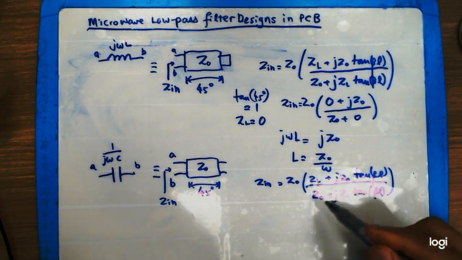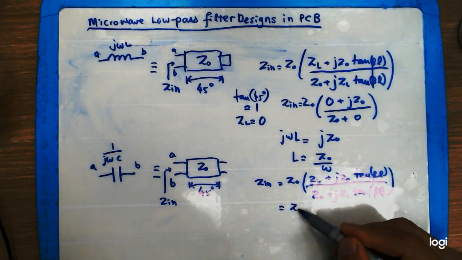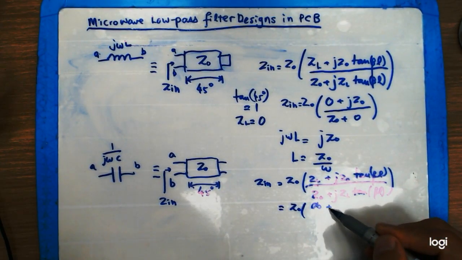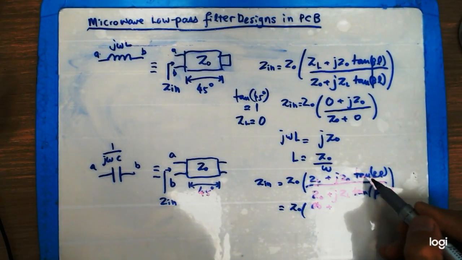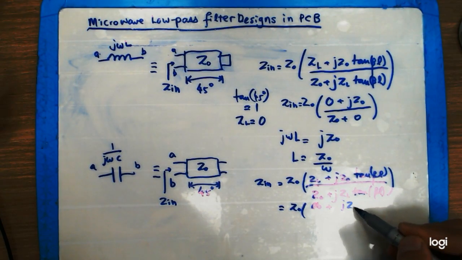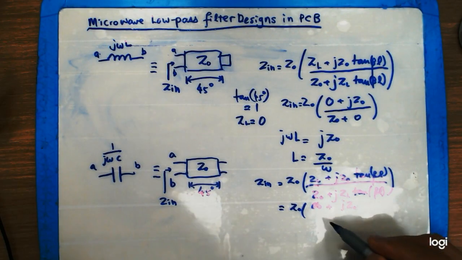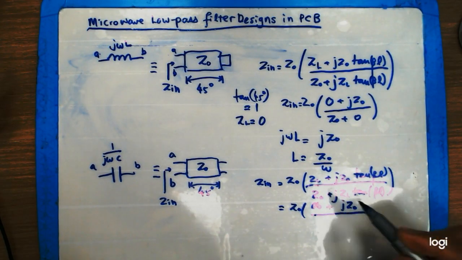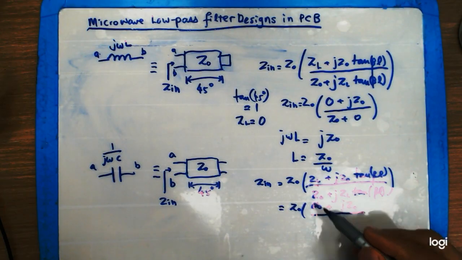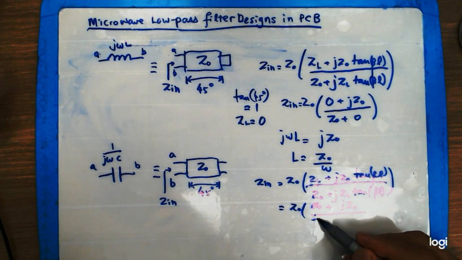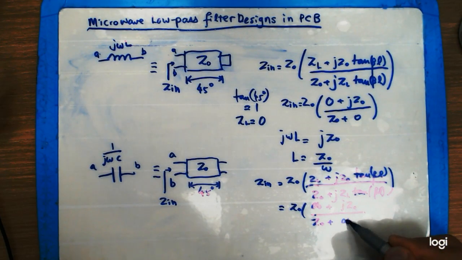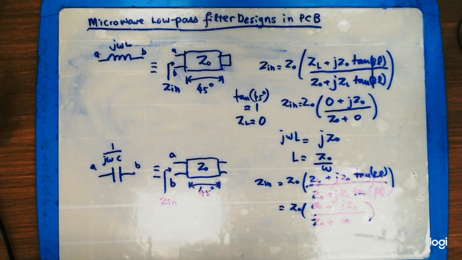So ZL will be infinity, and for exactly the same reason, tangent 45 degrees will become 1. So here we have Z0 and infinity. So something like this, right?